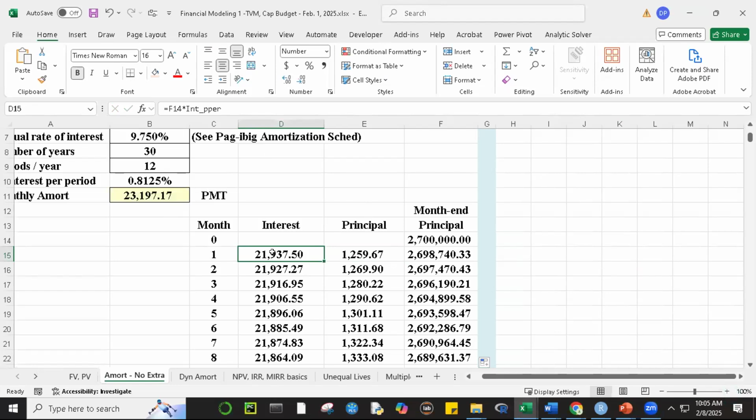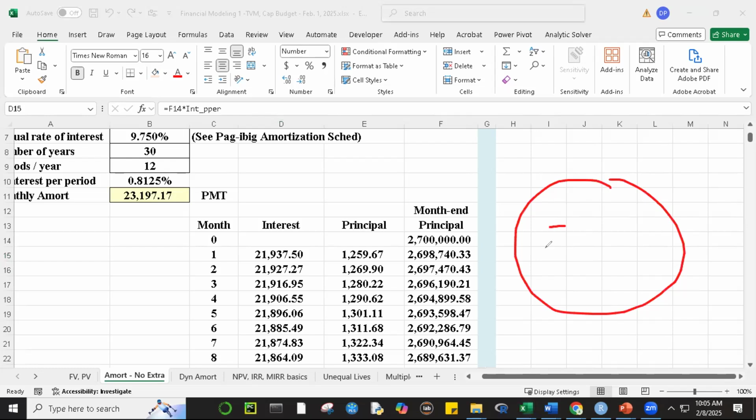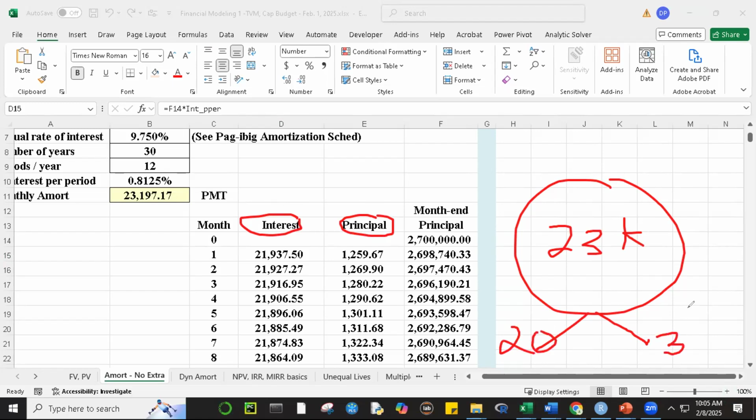Because as we know, the logic here is this: the 23,197 will be allocated to interest and principal. So if I pay here 20,000 interest, therefore only 3,000 will go to principal payment.